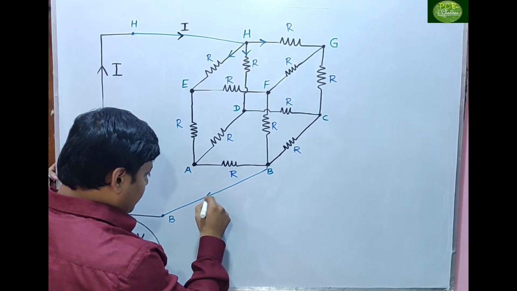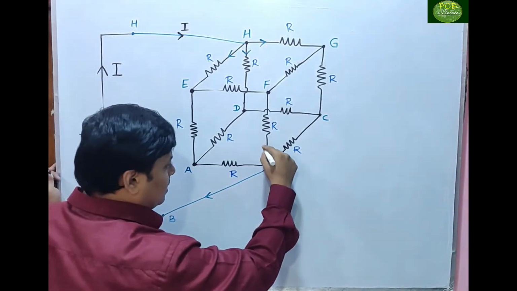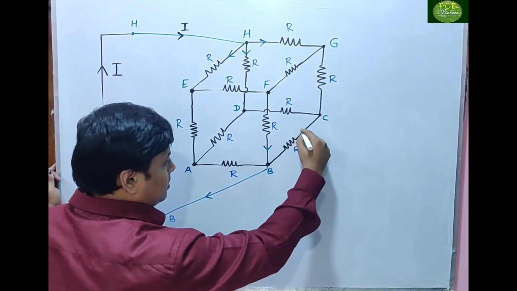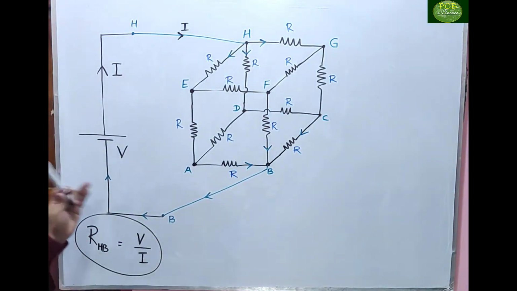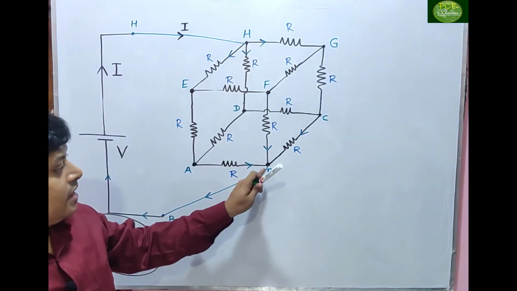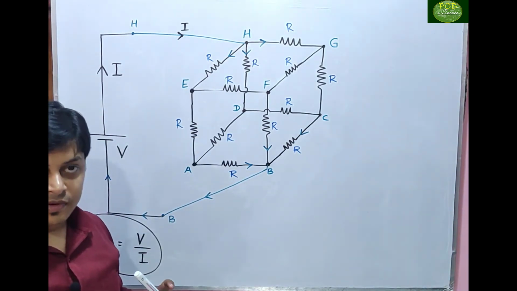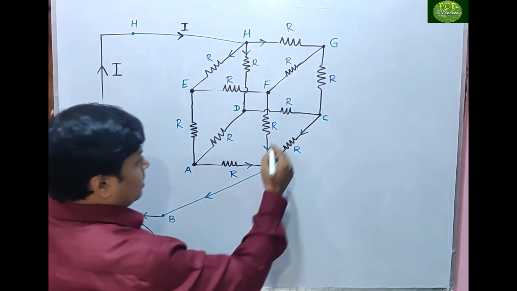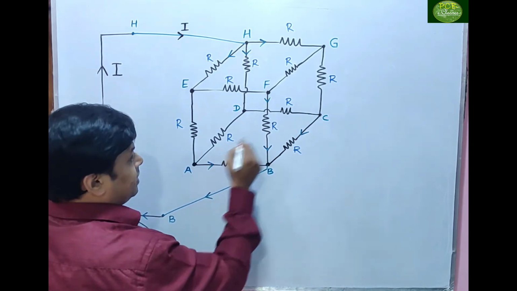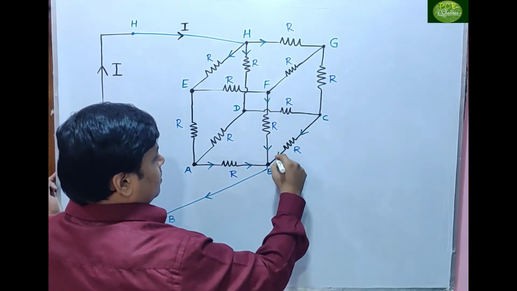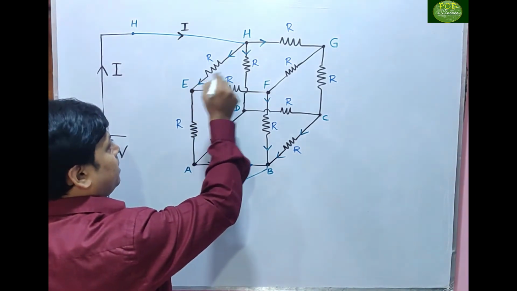Similarly, if the current is coming back to the B point, then definitely the current in these branches will be inward and that will be outward, and that will be outward and this will be inward, in order to satisfy the current distribution. Now, tell me the current flowing here. I'll put the directions, right? Now, similarly, I'll put it here also.